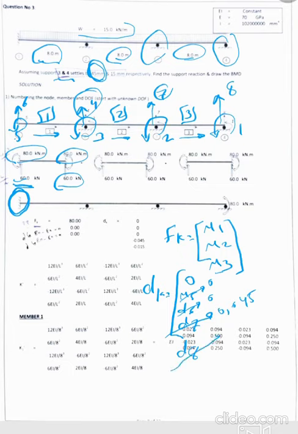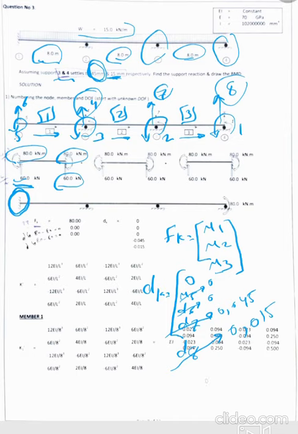We also have a settlement at node or at force 8 here, depending on the question. In this example we have 15 mm, so it will be 0.015 m. This is the settlement, and these are the values of dk.